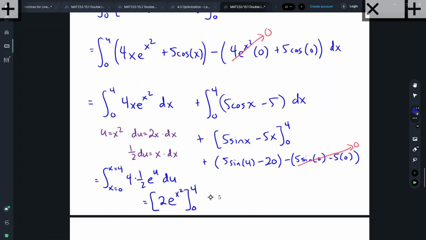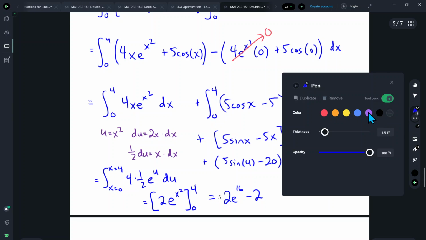Okay, so what do I get? Equals, so plugging in 4, so 4 squared is 16, so you get 2e to the 16, and then plugging in 0, e to the 0 is 1, so 1 times 2 is 2, so I get 2e to the 16 minus 2, but that's not everything, right?